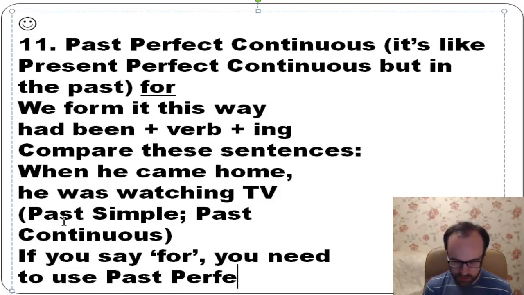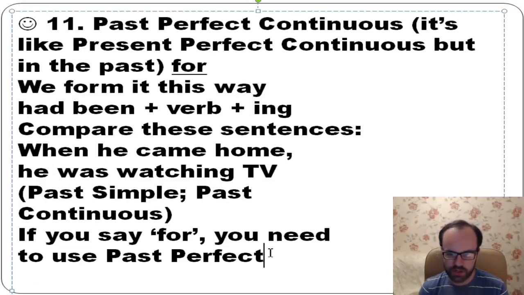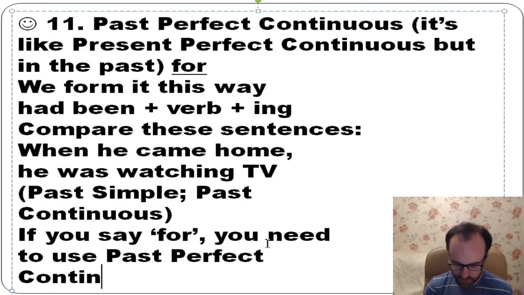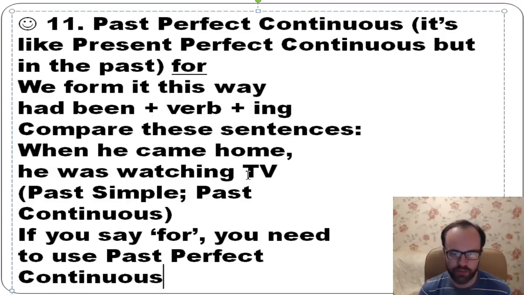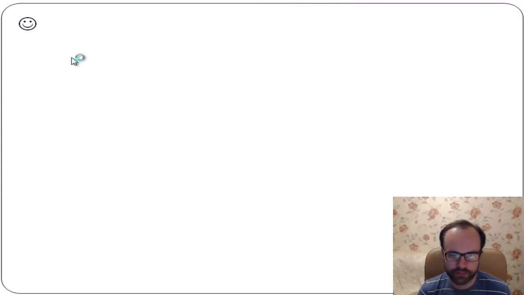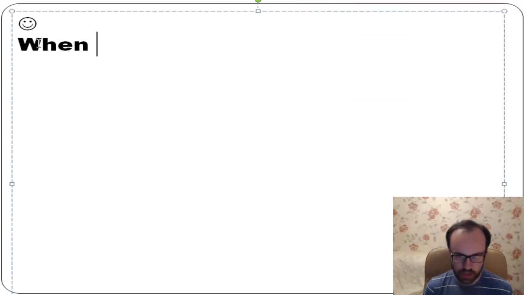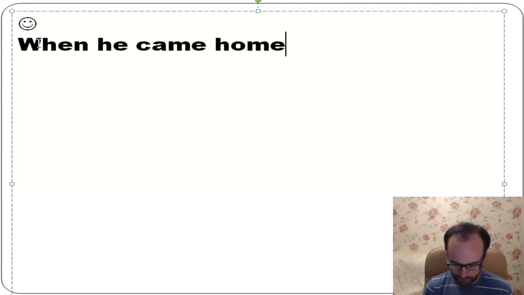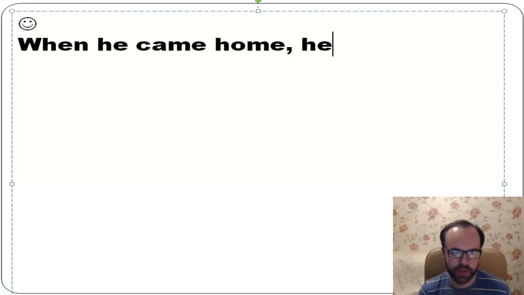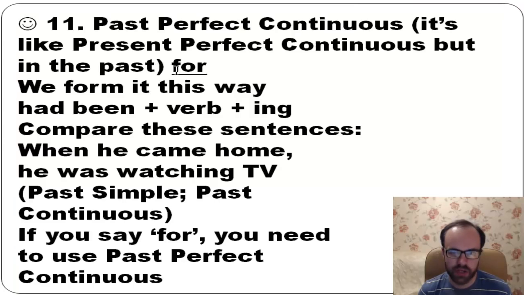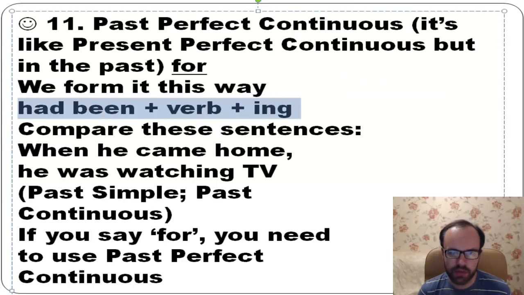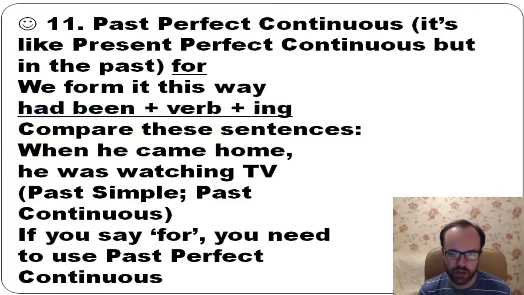So when he came home, he, past perfect continuous, had been plus verb plus ing.